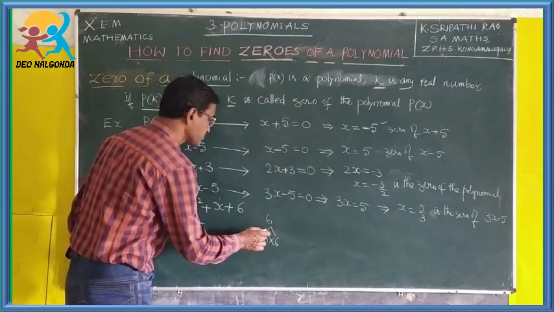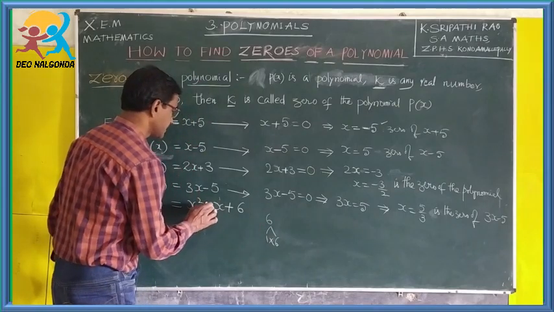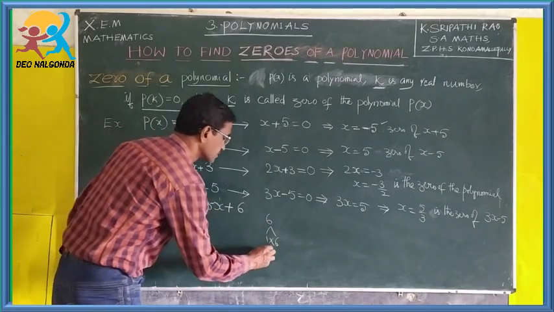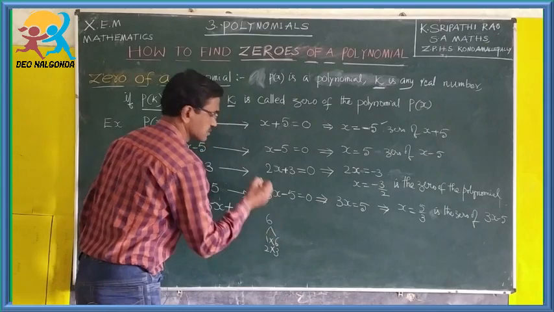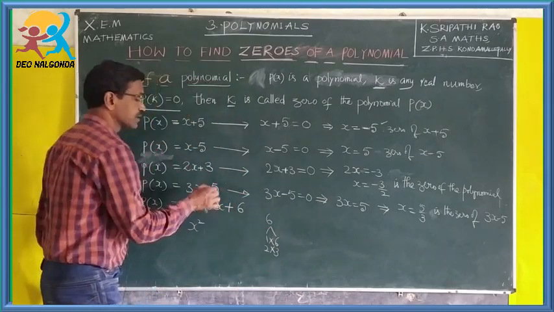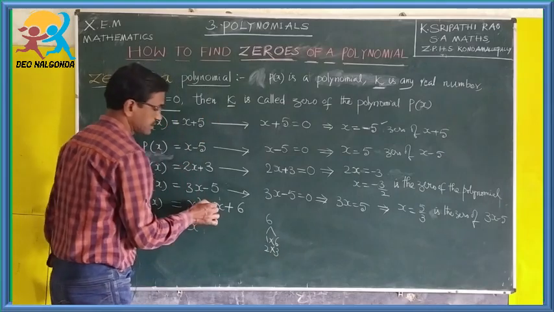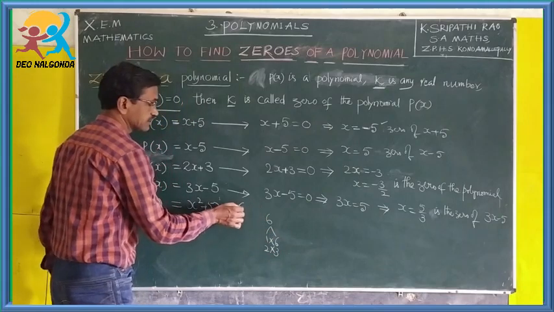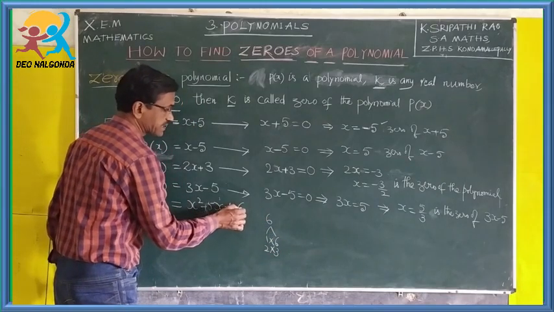So that is not possible here. If I write 5x as 2x plus 3x: 2 into 3 is 6, and 2 plus 3 is 5. By adding we should get the coefficient of x, 5. By multiplying we should get the constant.